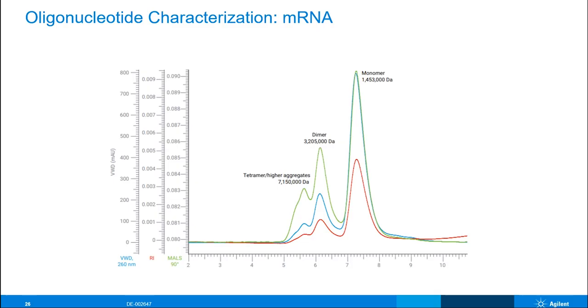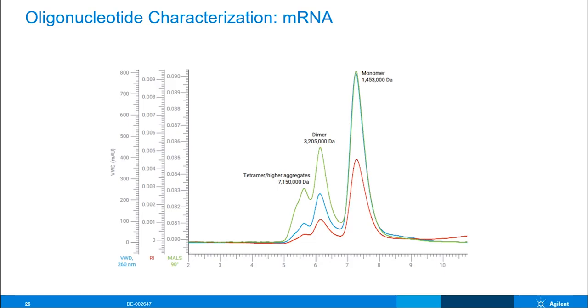Now, looking at that light green trace, which is the 90-degree angle off the light scattering detector, we have a much higher response to these, even though they're in low concentration, and that's due to the fact that they have a really high molecular weight, which the light scattering detector is quite sensitive to.